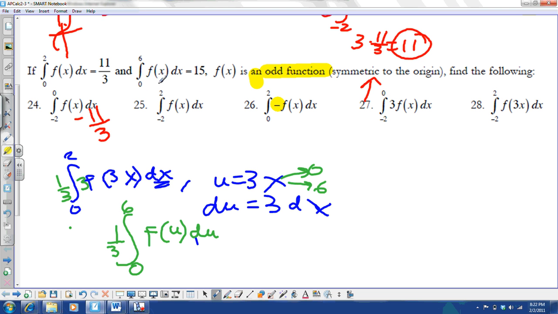F of x or f of u, remember that variable doesn't necessarily mean anything. So they told us the integral of f of x dx or f of u du is equal to 15. So we have here for our integral 1/3 times 15, which is 5. So that's the answer to number 23.